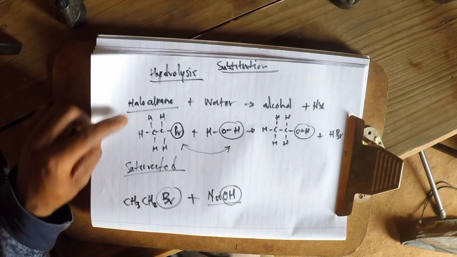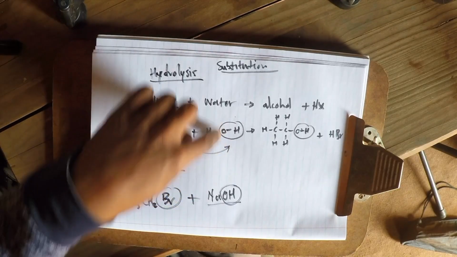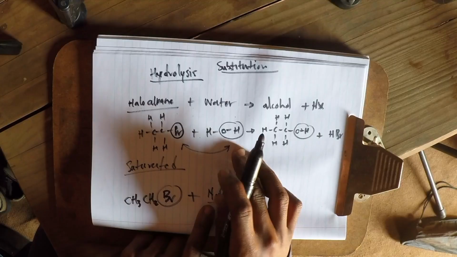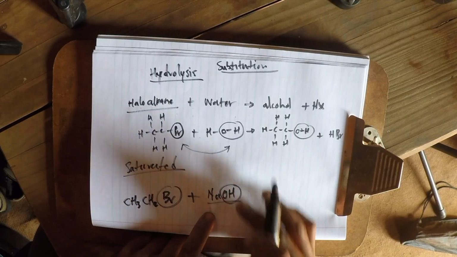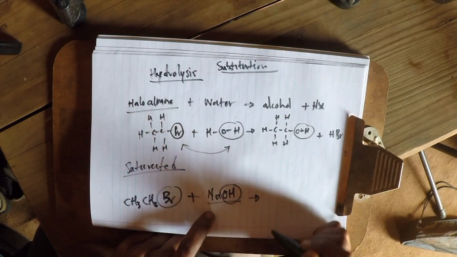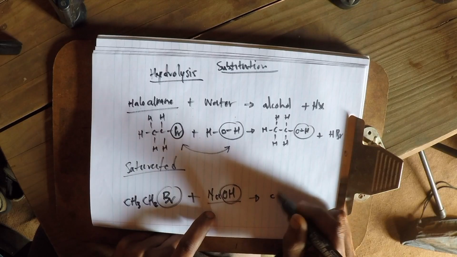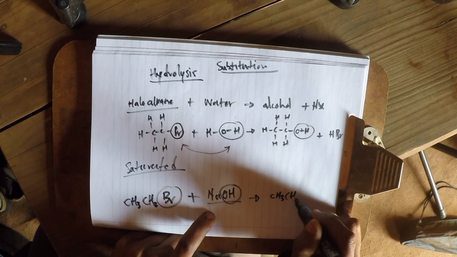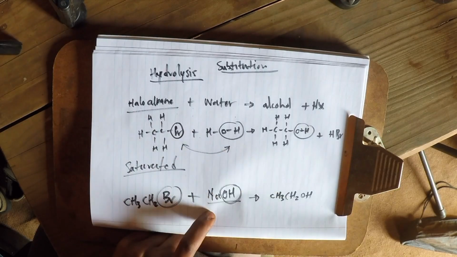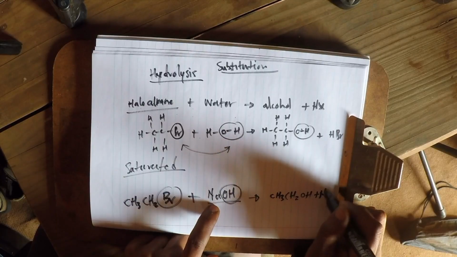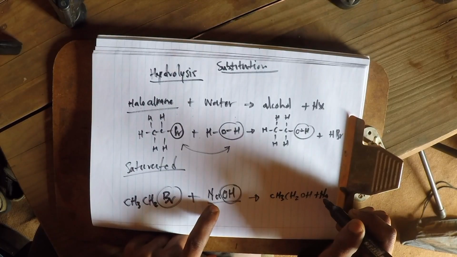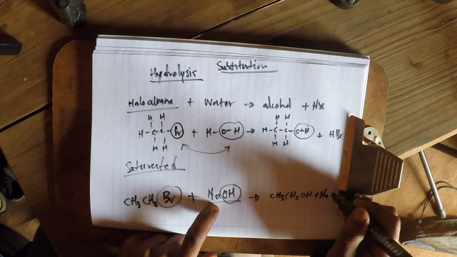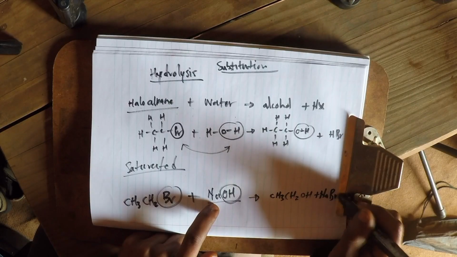And then NaOH is the same reaction, but I'm now using, instead of water, NaOH, which is a slower reaction than this one. What would you get? You would get CH3, CH2, OH, that's an alcohol, plus Na, right? What would that be? NaX, which is in this case NaBr.